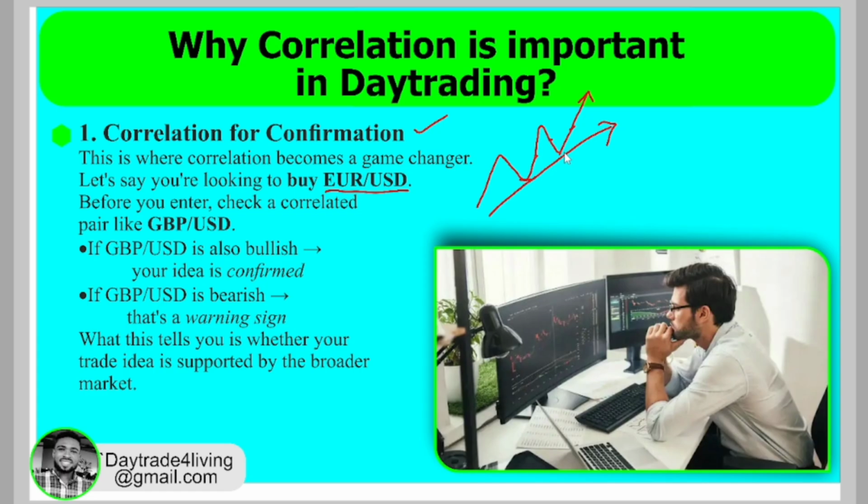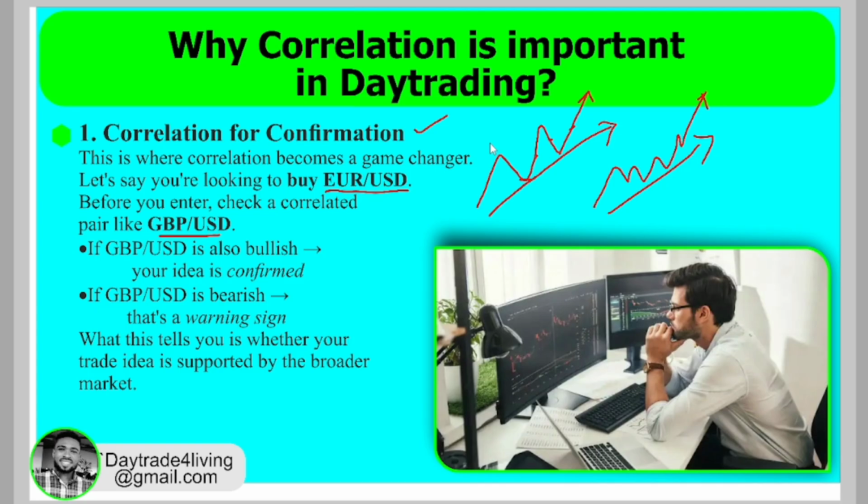To do that, you confirm with the partner. The partner for Euro USD, the most positively correlated pair, is the Pound USD. So open your Pound USD chart and check if it is also trending upwards in the same direction. Then it means both of them are moving together, which gives you confirmation that the market is actually trending properly.